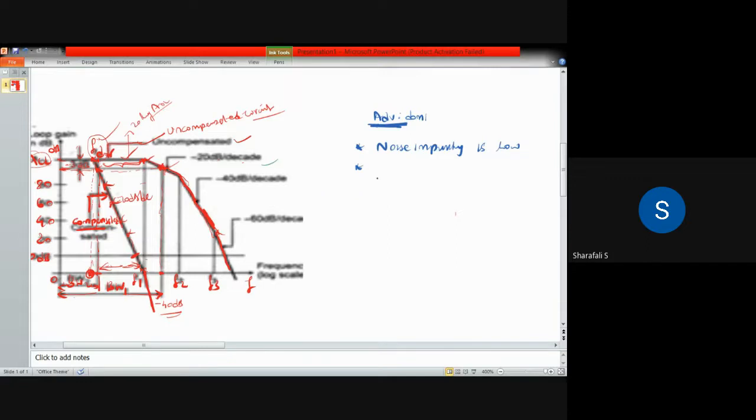And then adjusting the value of FT will give you adequate phase margin and gain margin, and the stability of the system assured.